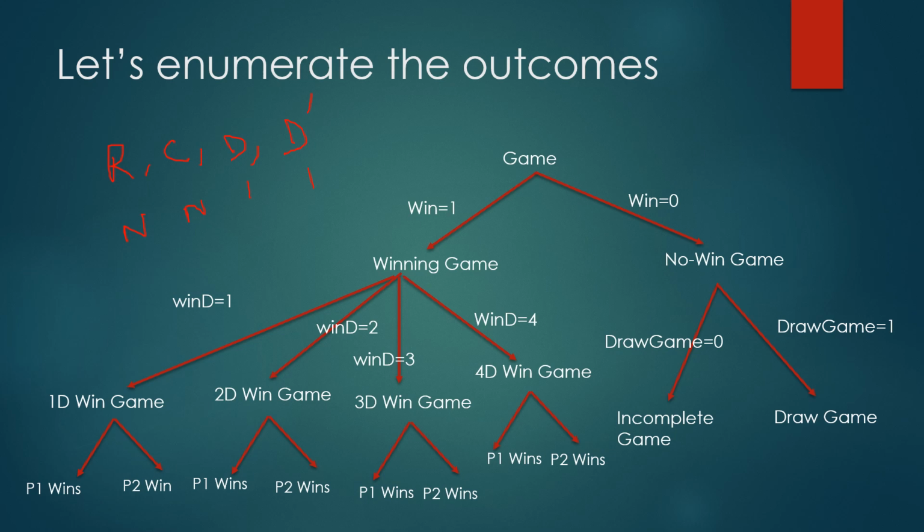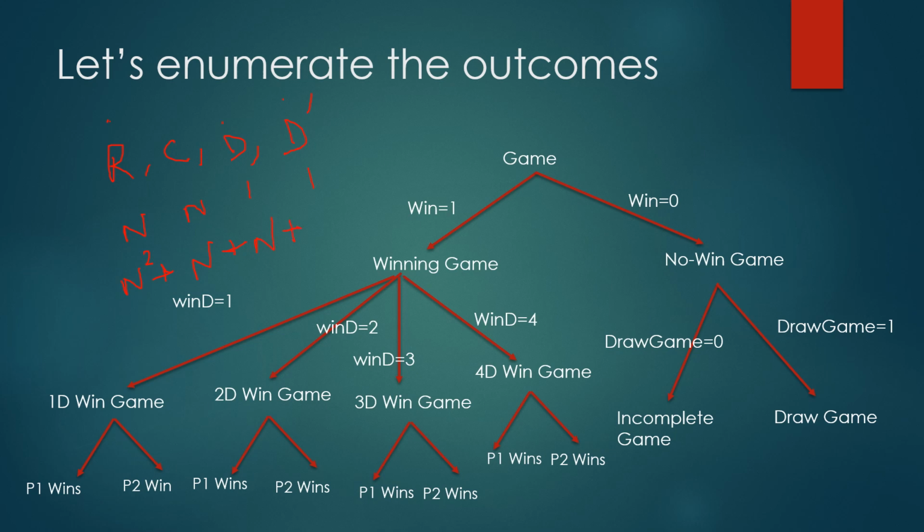So let's now enumerate the different number of ways in which a 2D win can happen in an n cross n board game. It can happen if you select one row and one column, which you can do in n squared ways. You can do row and diagonal, which can happen in n ways. Similarly, you can do row and reverse diagonal, and that can happen in another n ways.